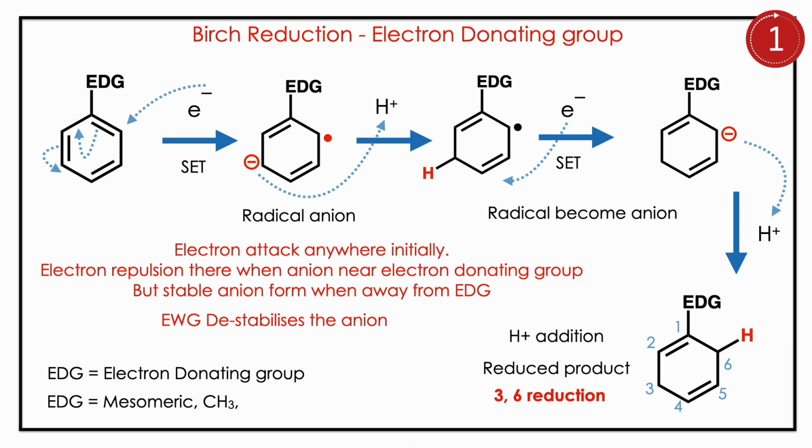The anion is quenched with H, and reduction happens. Then the radical abstracts an electron through the SET mechanism. Again it becomes an anion and is quenched with H plus. You have the final product. So basically you start from benzene, and loss of aromaticity happens. So 3,6 reduction happens here.